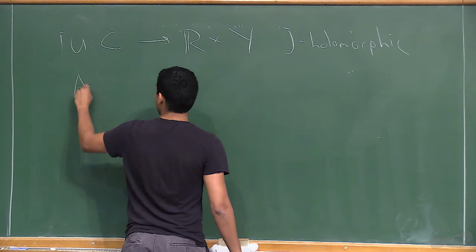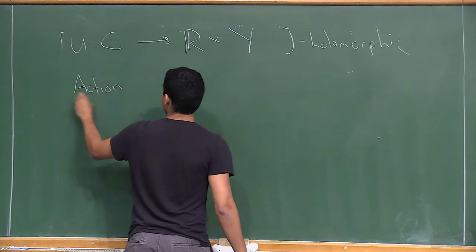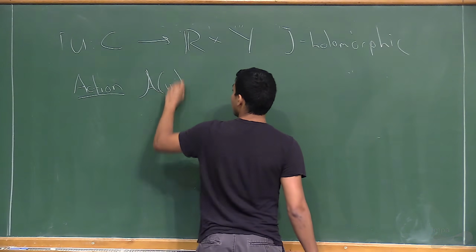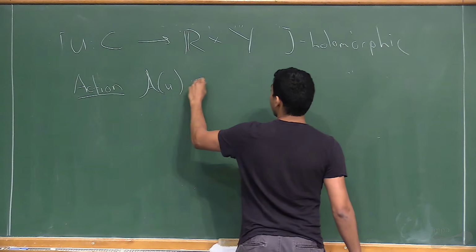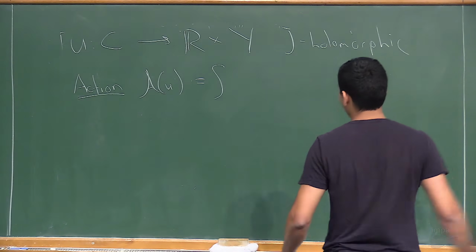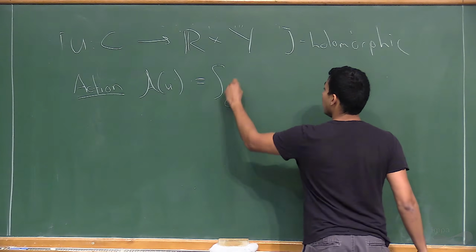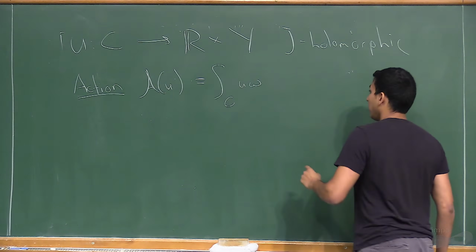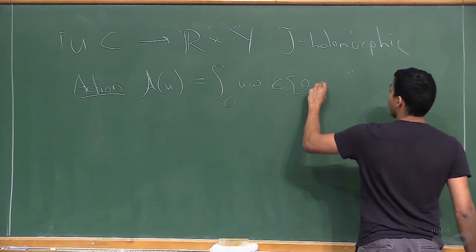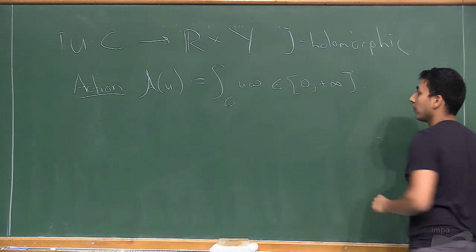The first one is called the action. So this is just equal to the integral of this stable Hamiltonian 2 form over the curve. And you can check that this is always some non-negative number.